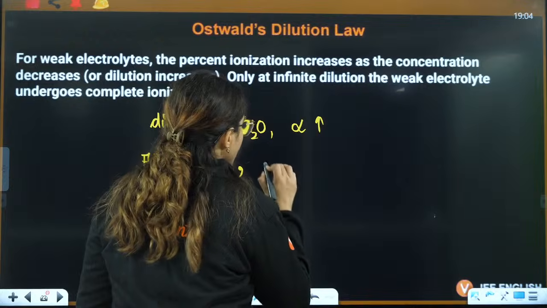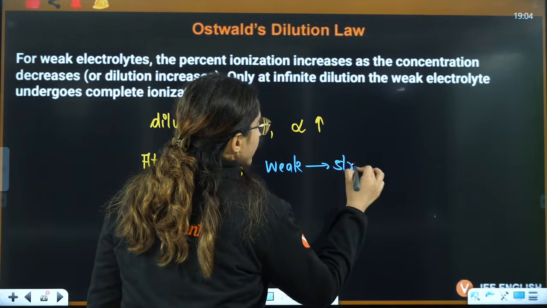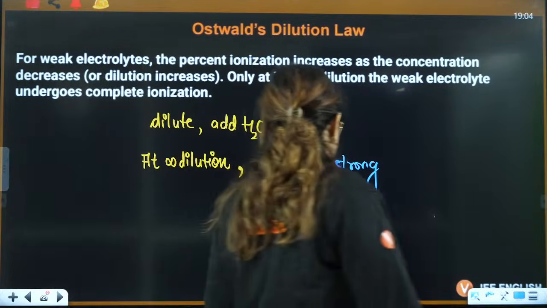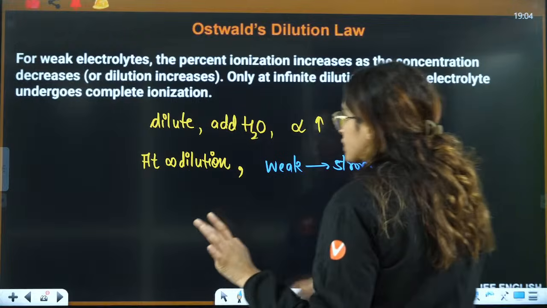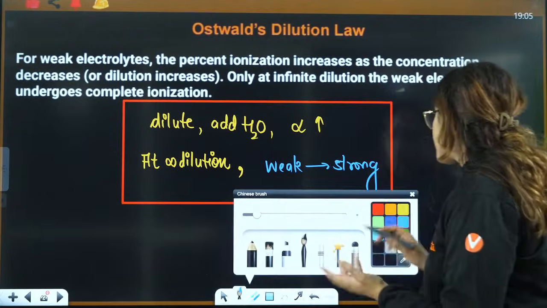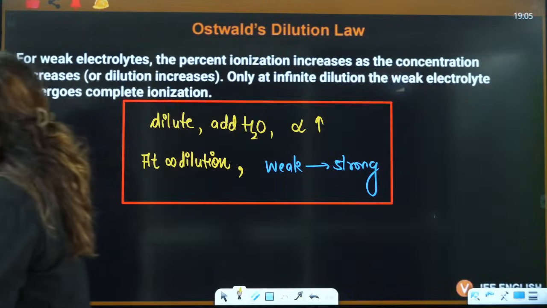That means the weak electrolyte will become a strong electrolyte. It will start showing 100% dissociation here. This is Ostwald's dilution law, and let's understand how this law is made, why this law is said so. Right? Okay?